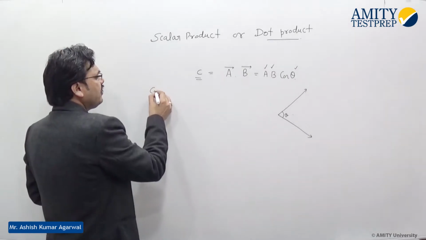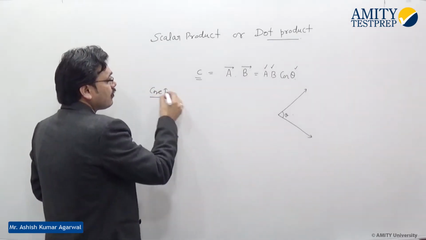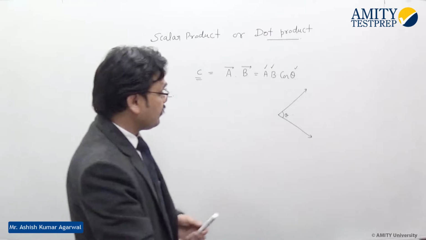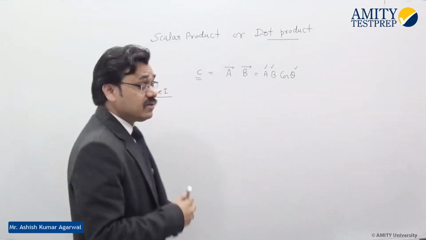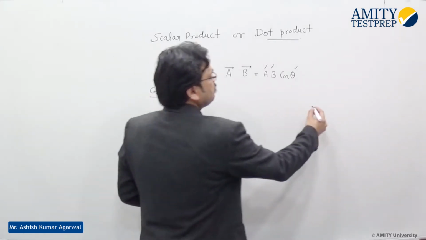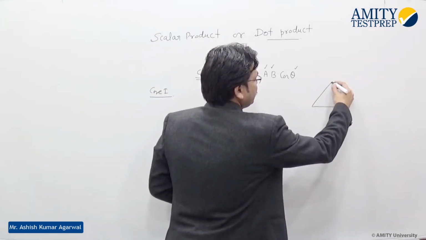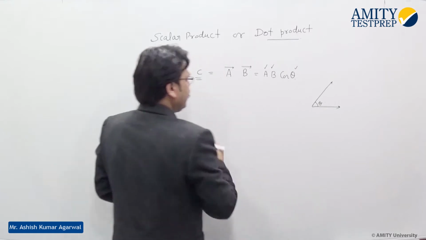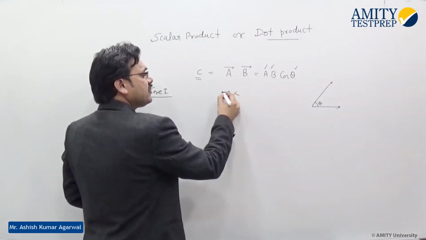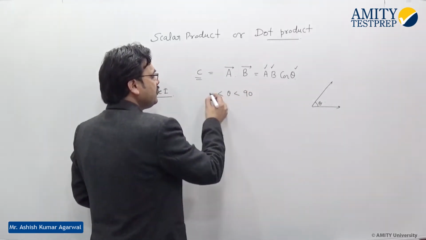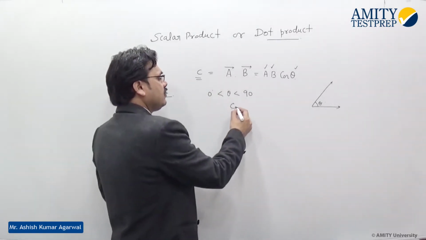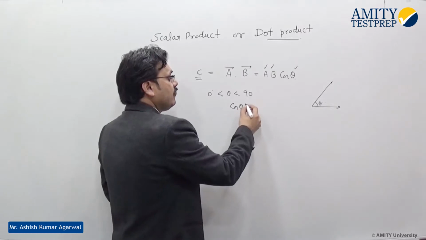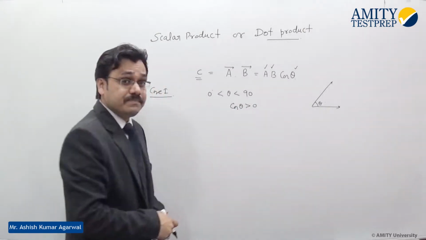So I am just taking case 1. If I take the angle between the two vectors as acute, it means theta between the two vectors is between 0 and 90. Acute. Cos theta in the first quadrant will be positive, greater than 0.